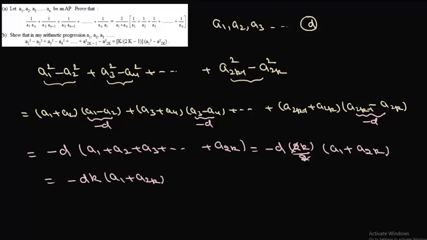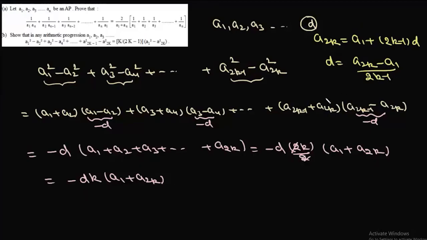Now we also know that in an AP, this a2k will be equal to a1 plus 2k minus 1 into d. So we can write this d as a2k minus a1 upon 2k minus 1.